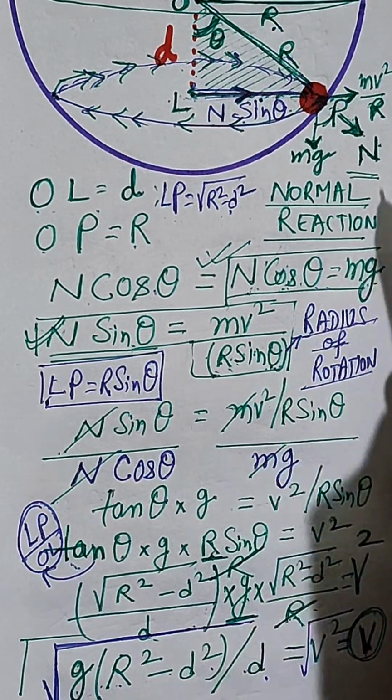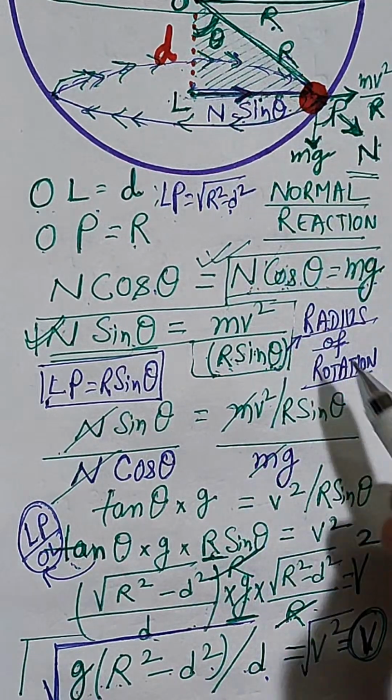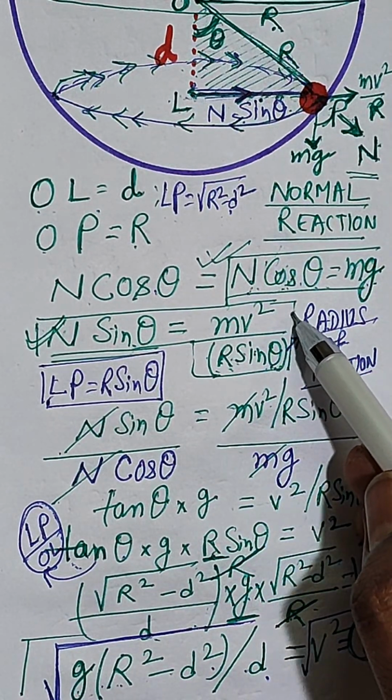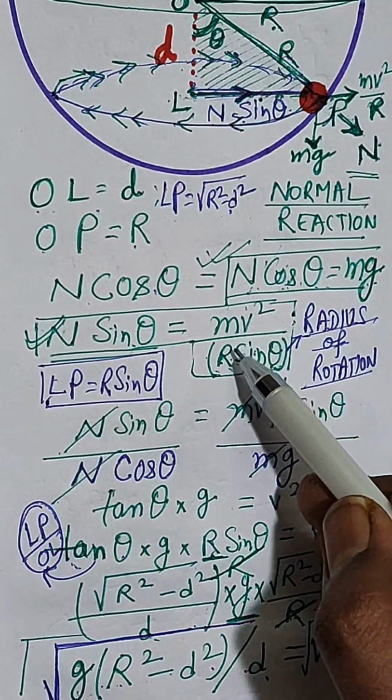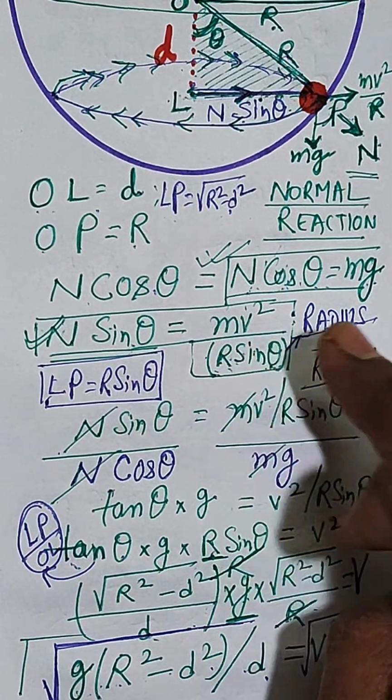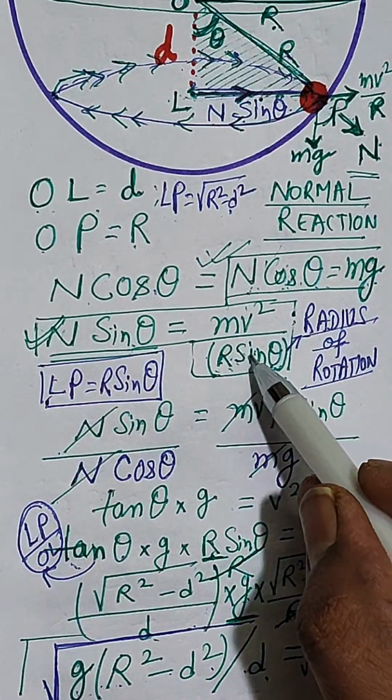If r sine theta is the radius of rotation, then if you remember the circular motion, mv square by r is the value of the centrifugal force.